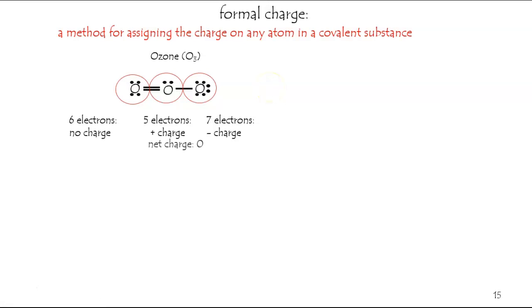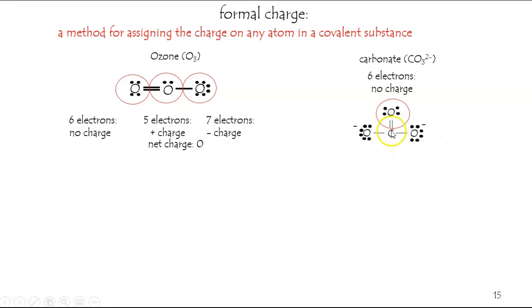Let's try it for the carbonate dianion. Clearly, we have to come up with a way to draw this so that there's extra electrons around. How should we do that? Well, I'd put carbon in the center. I'd put each oxygen around the end. I'd start with single bonds, and then I'd double up where I have to. Let's double up right here. And now let's evaluate it.